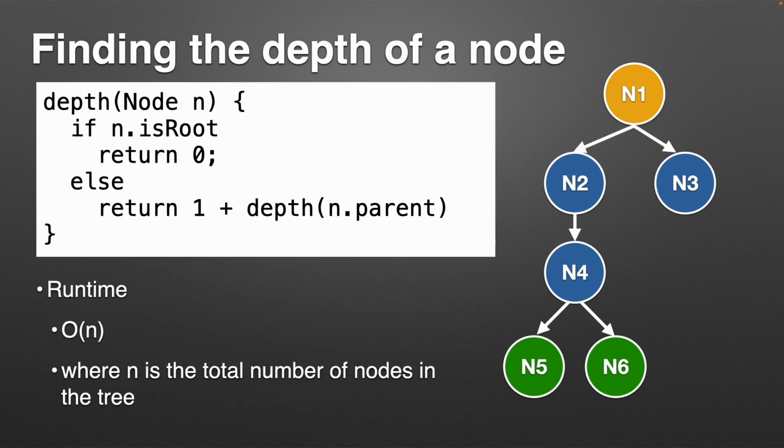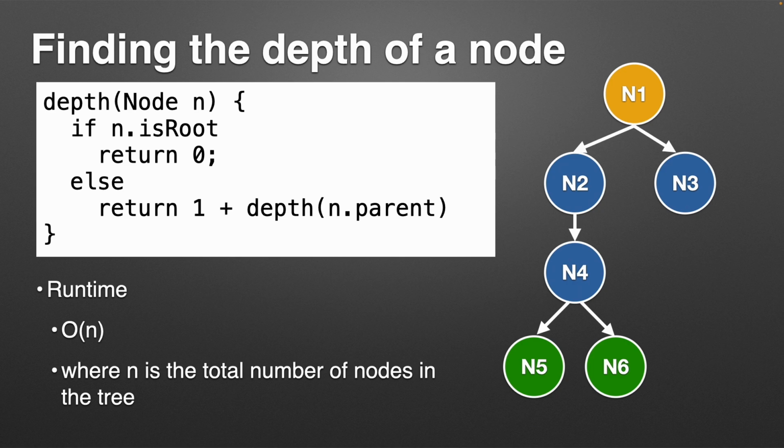So thinking about the computational complexity of this, this is a little bit of a weird one, at least for me to think about. The big O, big theta is order of n, with n being the number of nodes in the tree. On average, that's probably not going to be the runtime.